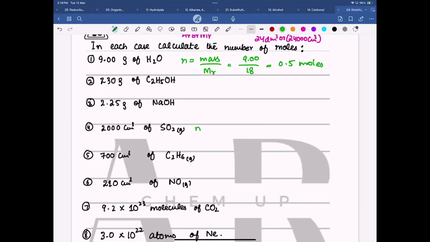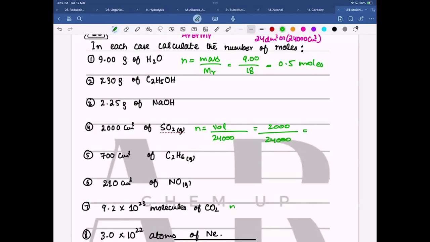Okay. Here it's a gas and it's 2000 centimeter cube, right? So volume divided by 24,000 because it's in centimeter cube. So I will use the volume in centimeter cube. So it is going to be 2000 divided by 24,000, which will give me the moles.